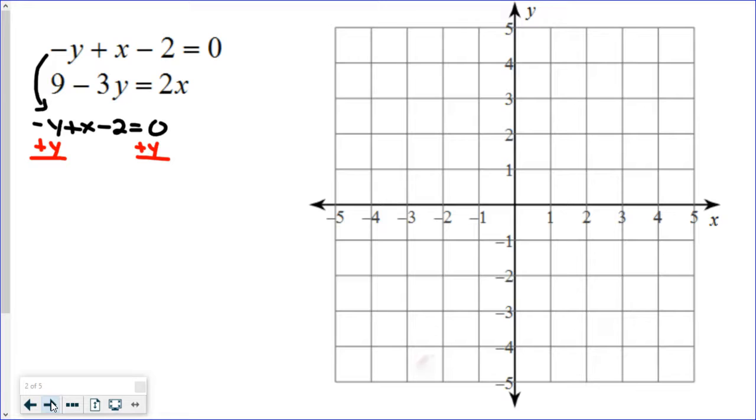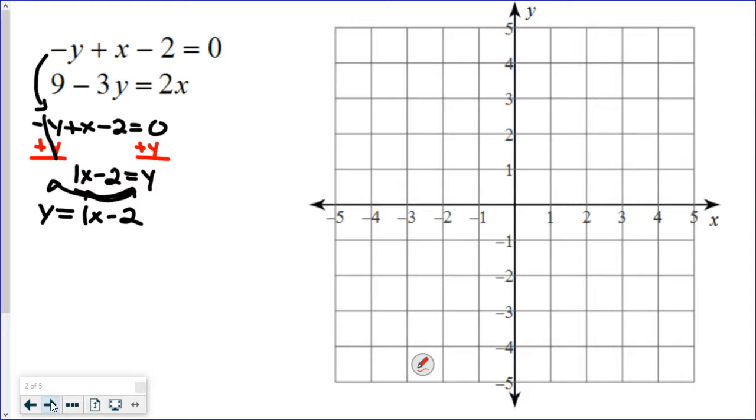So I have x, or I'm just going to put a 1x there so I don't forget that, minus 2 equals 0 plus y, which is just y. Now I'm going to flip-flop these around and put the y out front. So y equals 1x minus 2. Oh, I can graph that one.